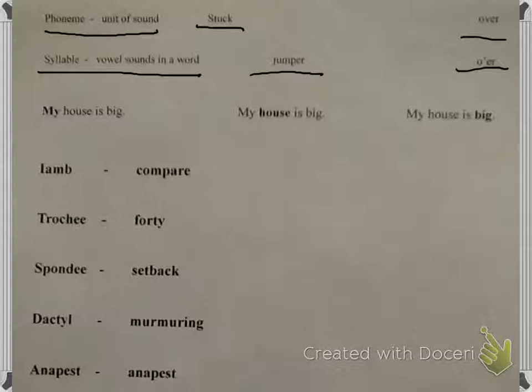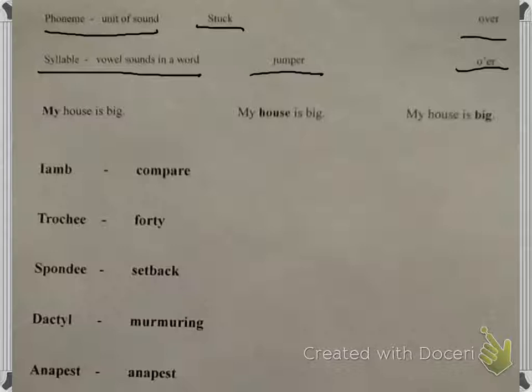An example: if I have a sentence like "my house is big," if I really want to say something, I may stress different words. For example, I may say "MY house is big," stressing that I have status, I have something important, so I'm stressing myself. Or the next one, "my HOUSE is big," where I would be stressing house, making sure that's compared to other things.